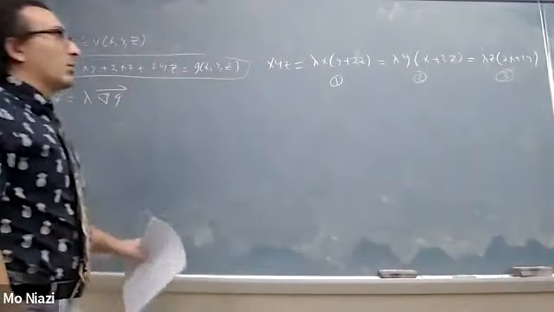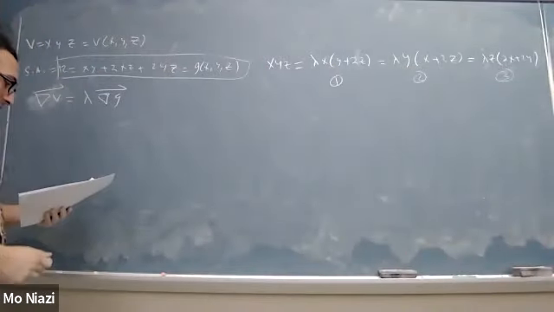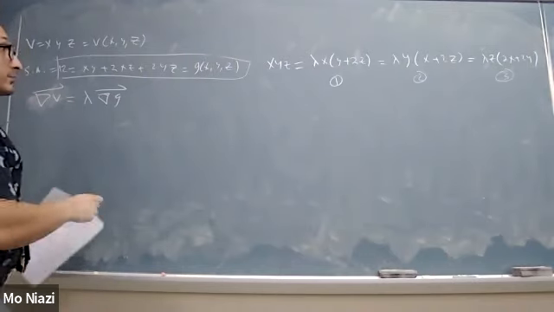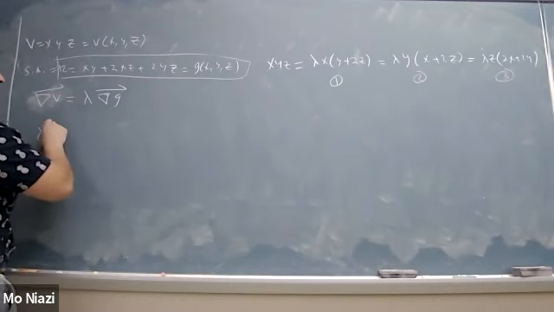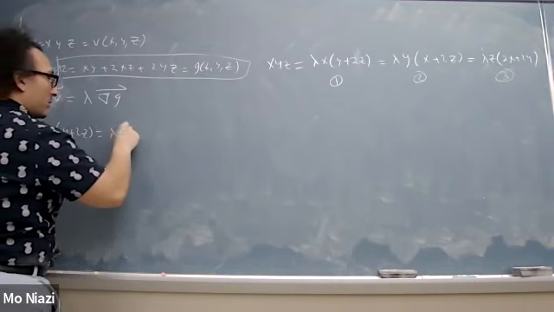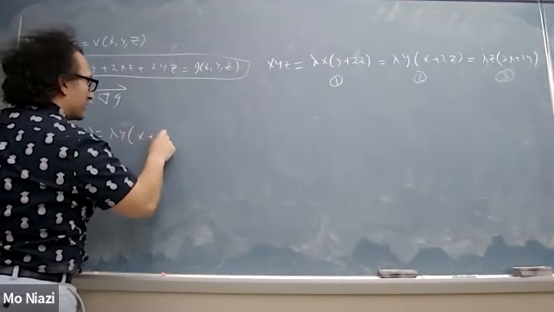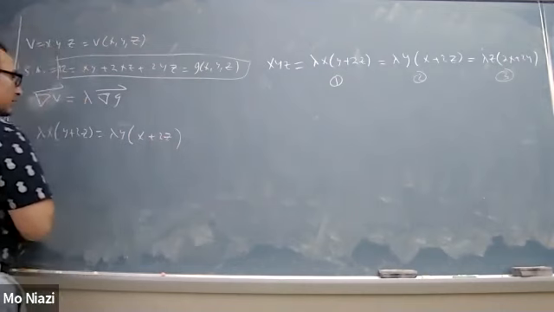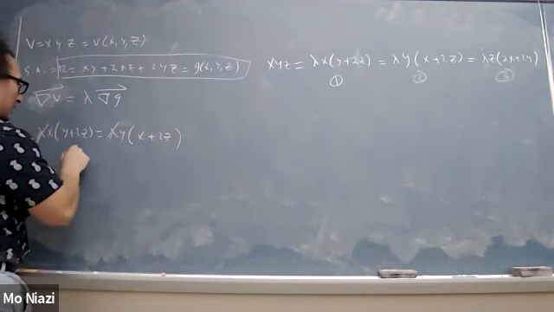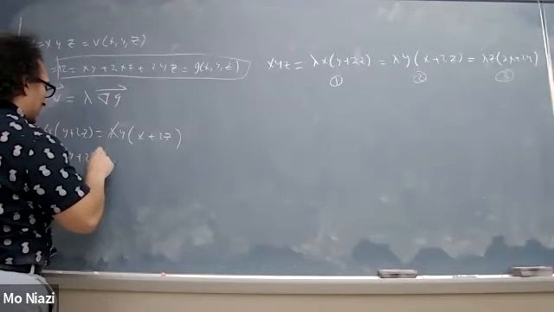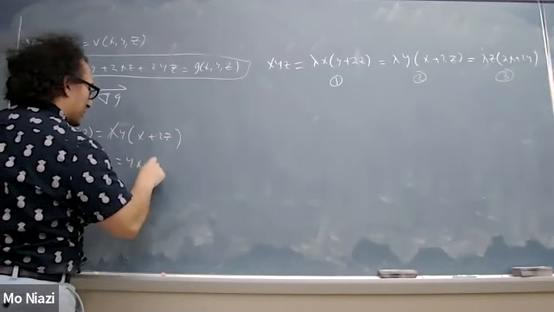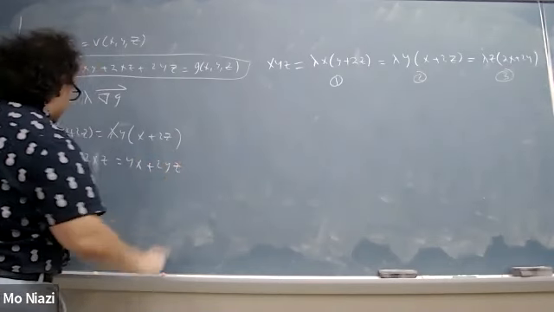All right, what happens when we set equation 1 equal to 2? Well, we get lambda x times y plus 2z is equal to lambda y times x plus 2z. I can cancel out lambdas, and I multiply through x, I get xy plus 2xz is equal to yx plus 2yz.